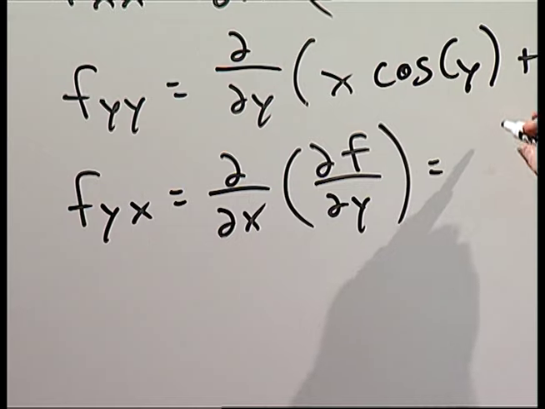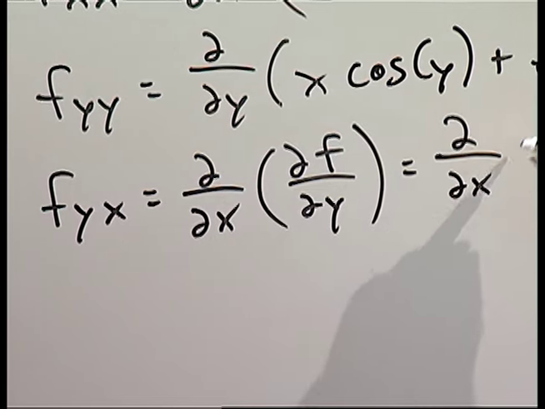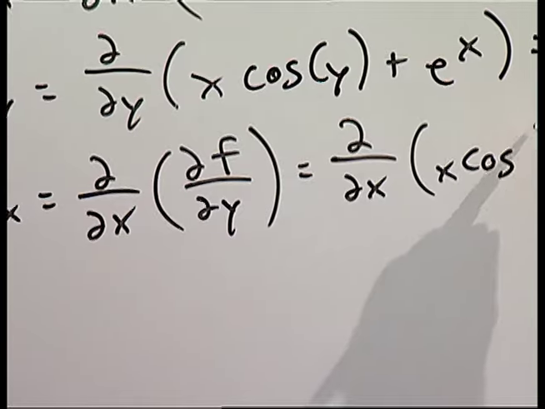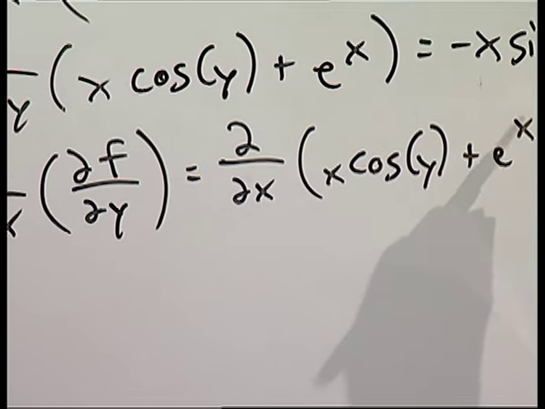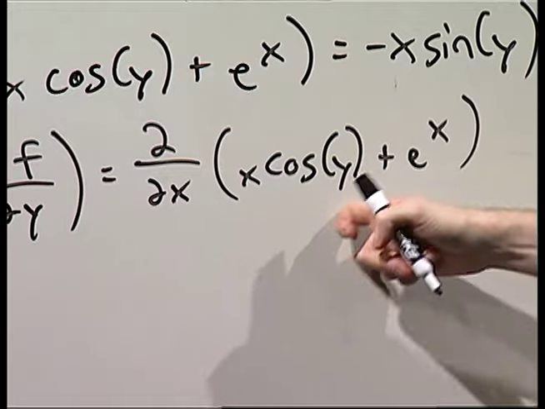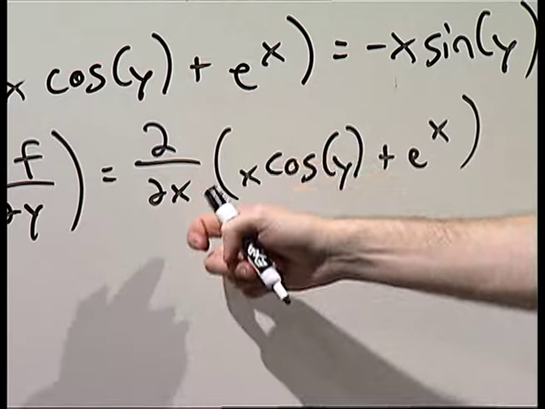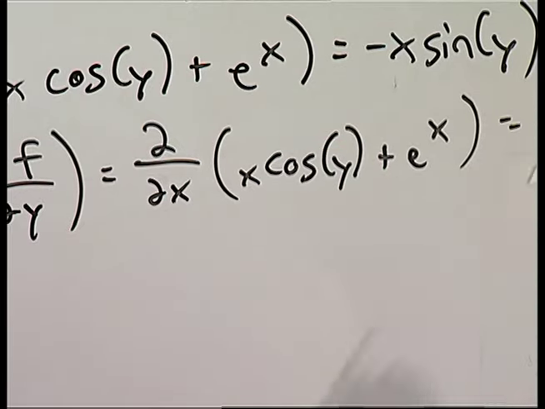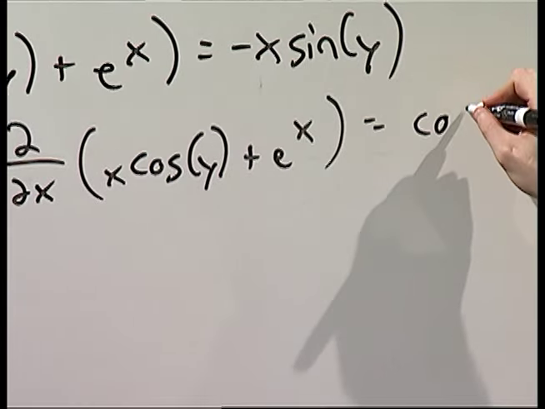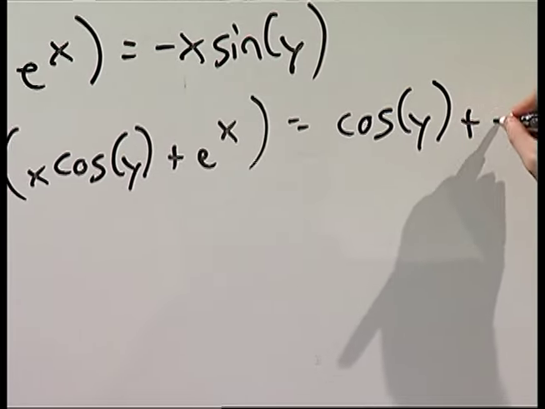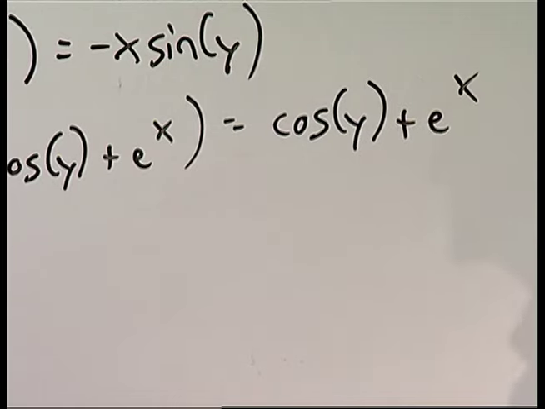Well, this is partial x of x cosine y plus e to the x. This is partial f, partial y, same as up here. Now I'm doing partial x of it, though. Again, this is linear in x, so what do I get? Cosine y; e to the x lingers, just an x term.